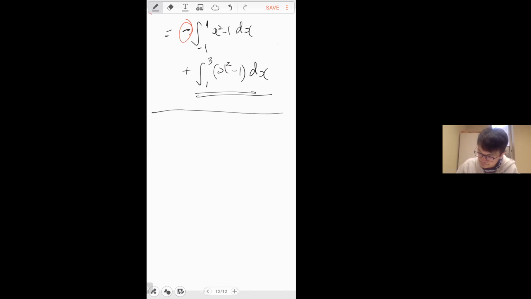All right, so second part. The definite integral of x squared minus 1 from -1 to 3.